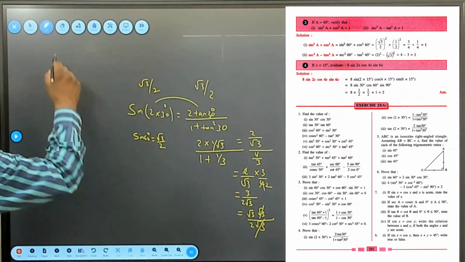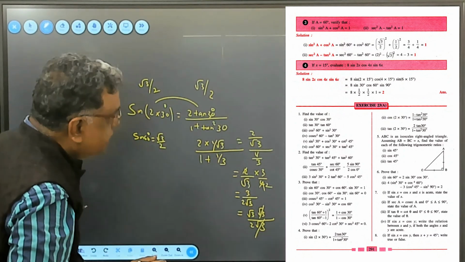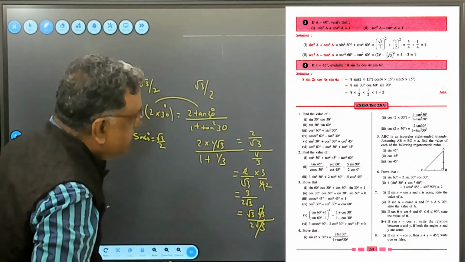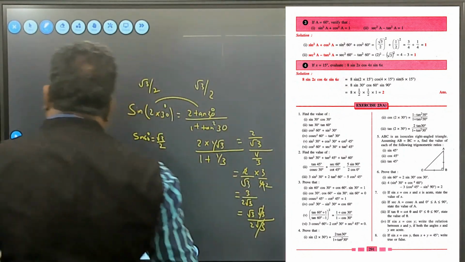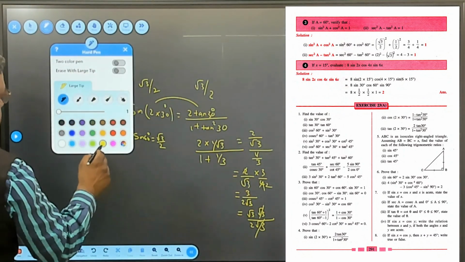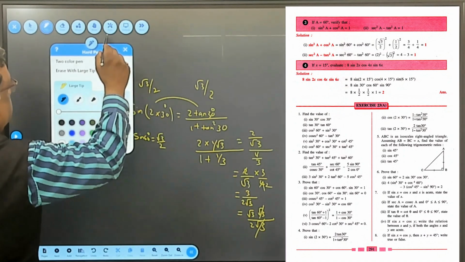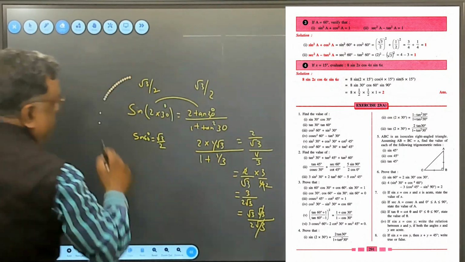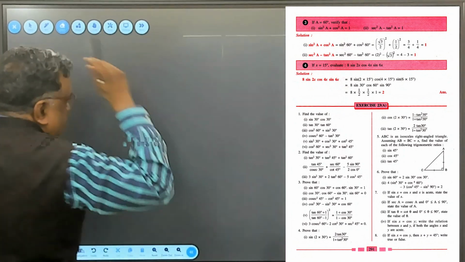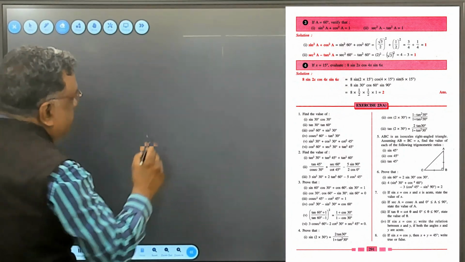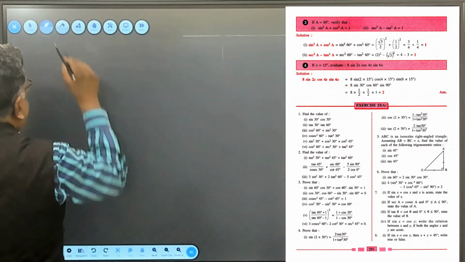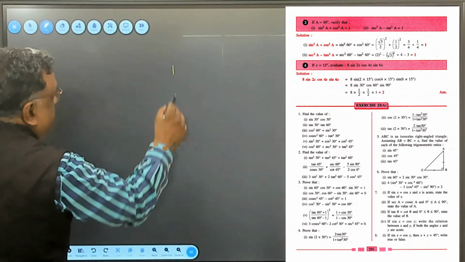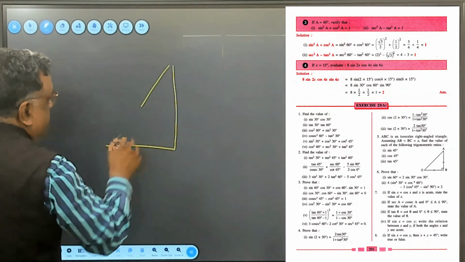Okay. Let's try to do this fifth one. So what do they say in the fifth one? We have been given a triangle. This is 90.